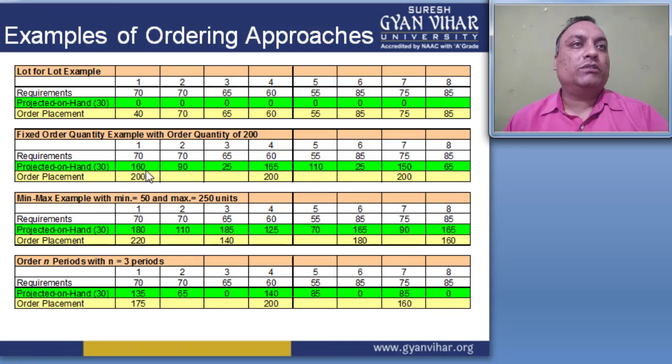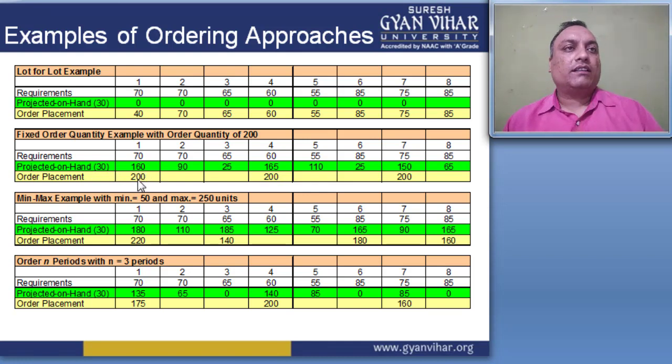Suppose you fix the order for some period of time. Suppose you fix 200 as the quantity of order placed here. Suppose you want this type of product. In this case, again 200 quantity and again 200 quantity. This is the fixed order quantity example with an order quantity of 200.